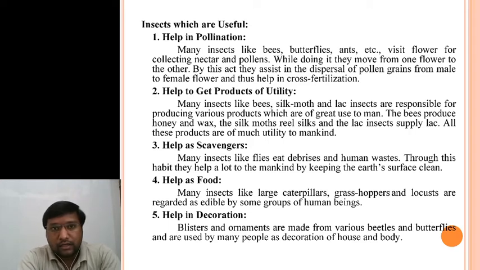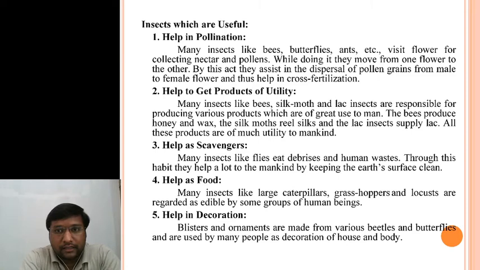So first, the beneficial insects. The first major role played by these beneficial insects is help in pollination. We know that many insects like honeybees, butterflies, ants, etc. visit the flower for their food, for collecting nectar and pollen.